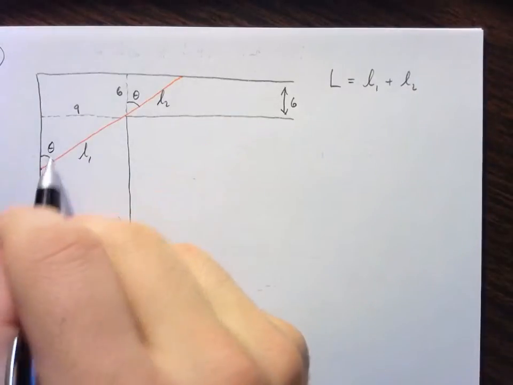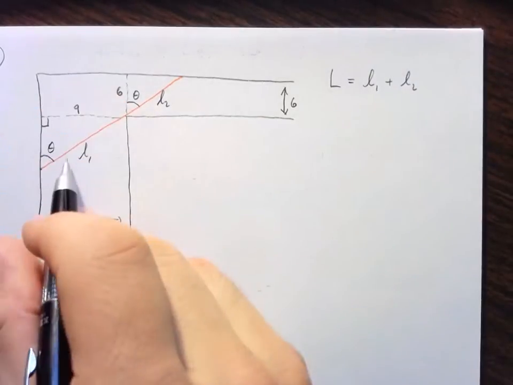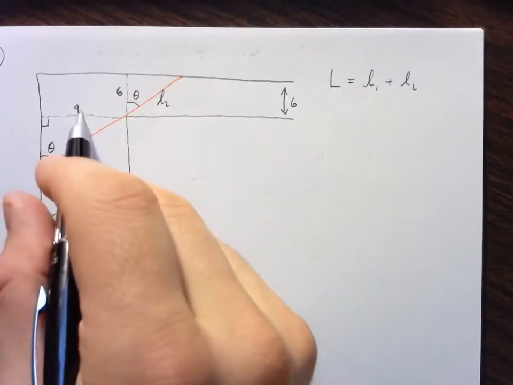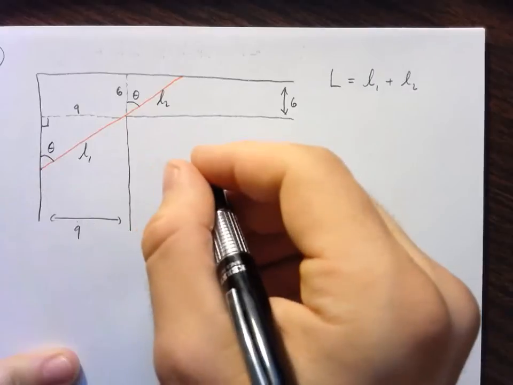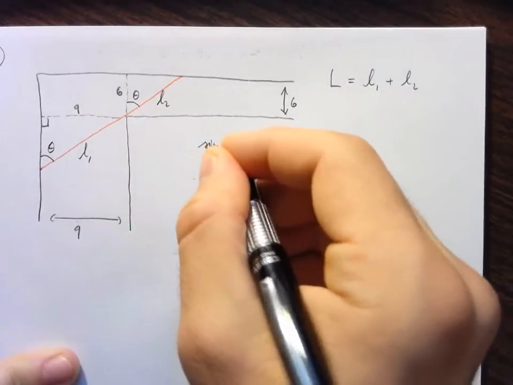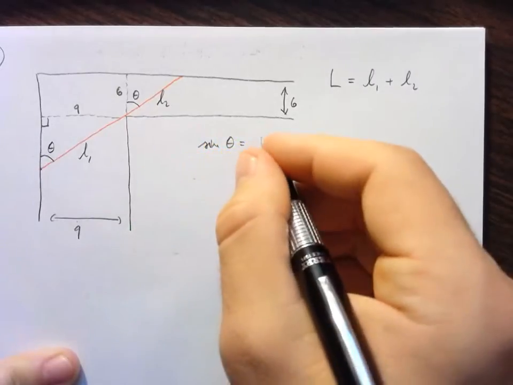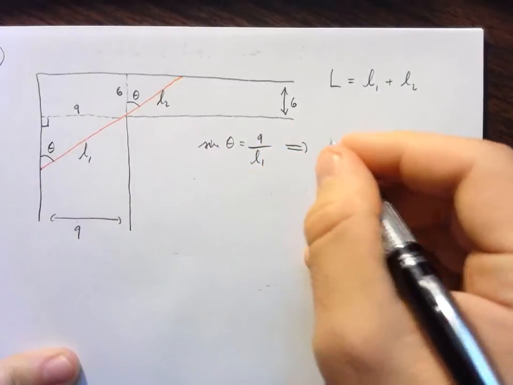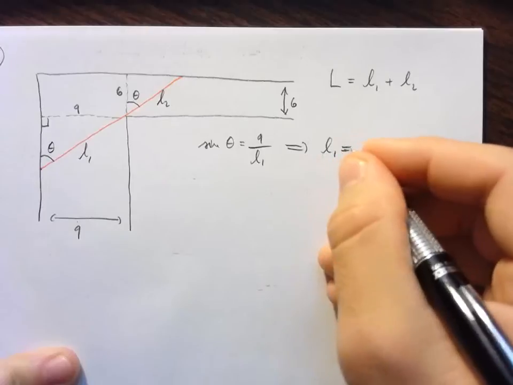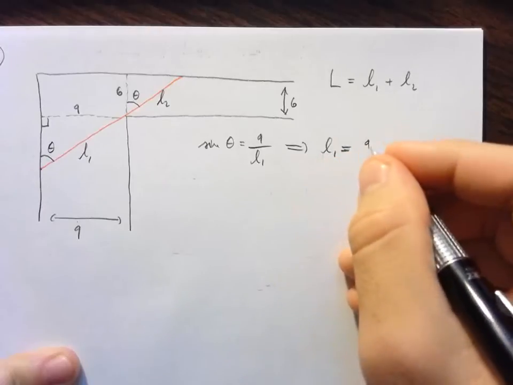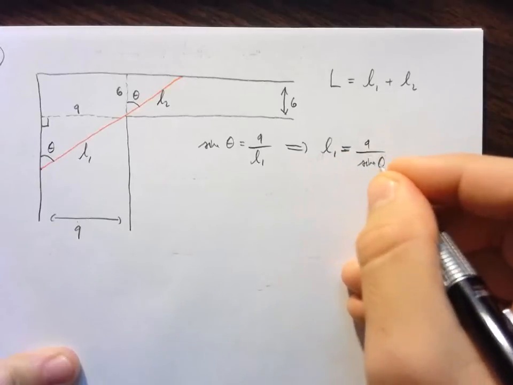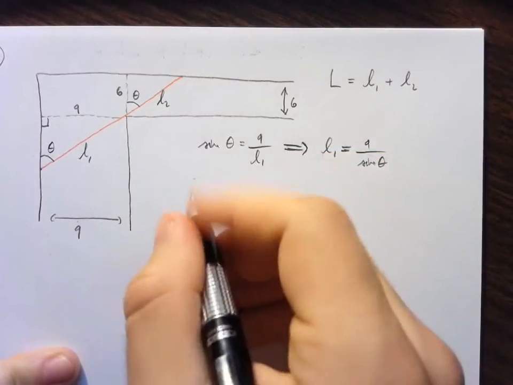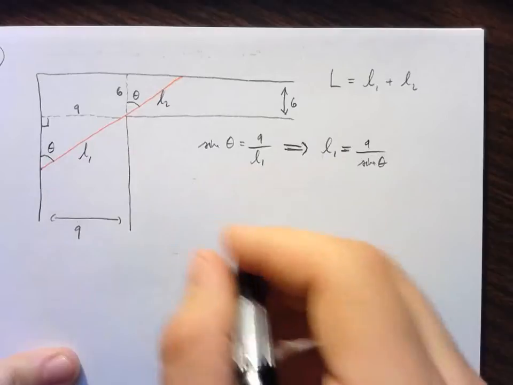In the bigger of the two right triangles, I have opposite over hypotenuse, so sine of theta is going to be 9 over L1, which allows me to solve for L1. L1 is going to be 9 over sine of theta.